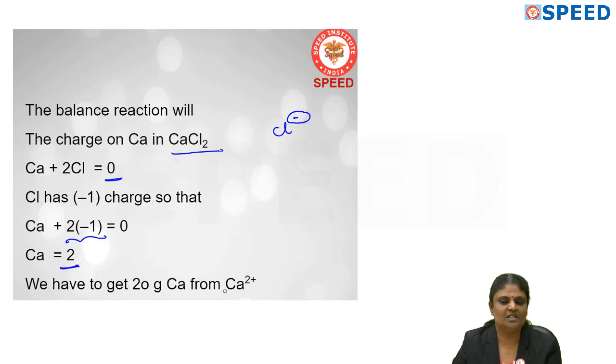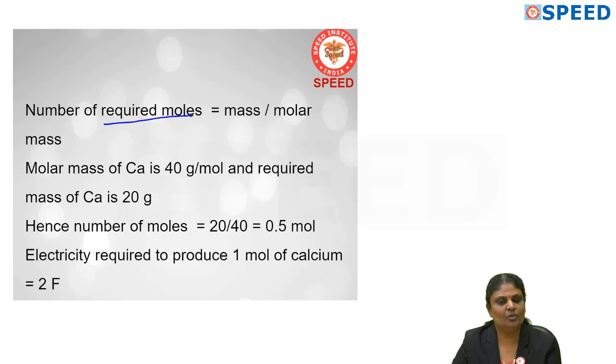That is the charge, that is calcium 2 plus. So this is the cation here. So the oxidation number as well as the valency is 2. So number of required moles means, this is the formula, mass per molar mass. So here the molar mass is given, that is 40 gram, and the required mass is also given in your question paper, that is 20 gram.